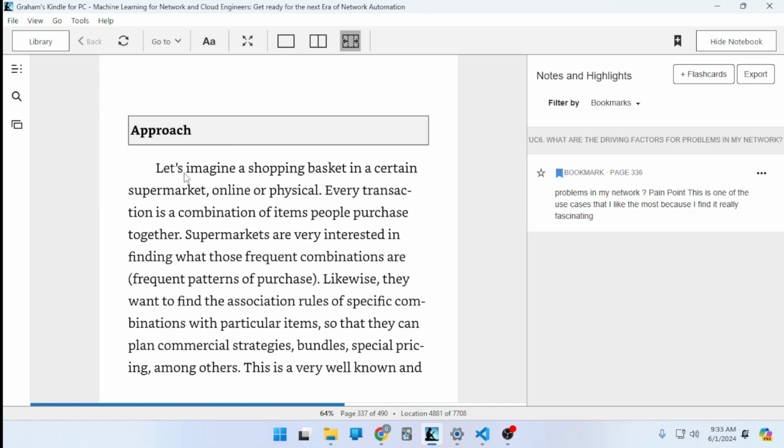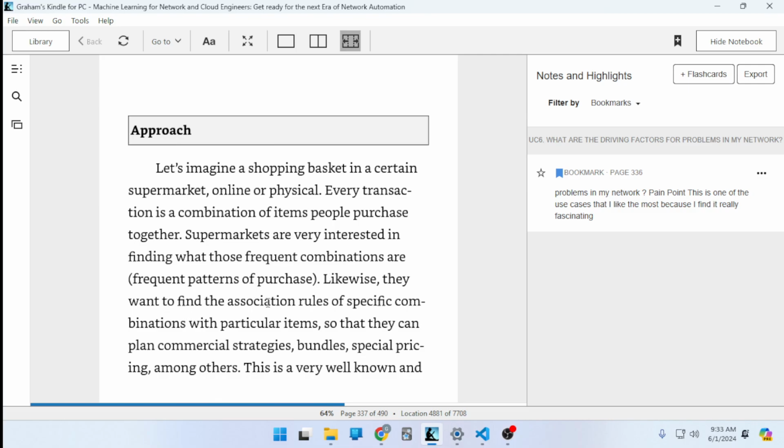Let's imagine a shopping basket in a certain supermarket, online or physical. Every transaction is a combination of items people purchase together. Supermarkets are very interested in finding what those frequent combinations are, frequent patterns of purchase.